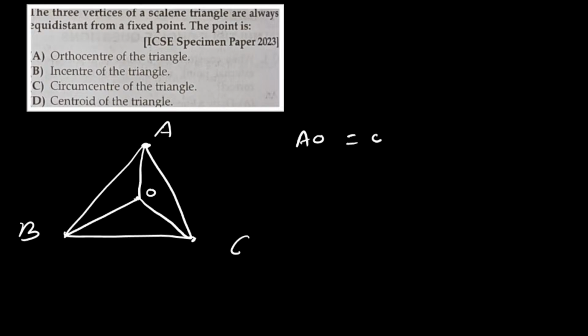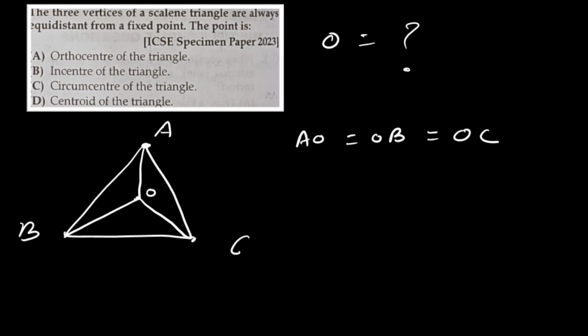AO is equal to OB is equal to OC. Then what is the name of this point O? Is it orthocenter, incenter, circumcenter, or centroid?